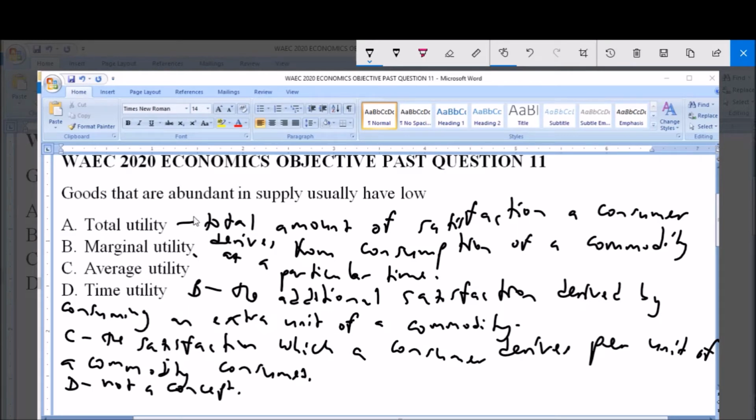Now, from all this, we are asked that goods that are abundant in supply usually have low what type of utility.